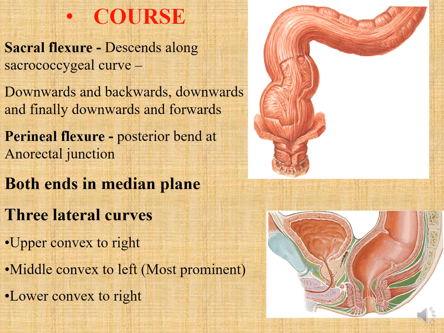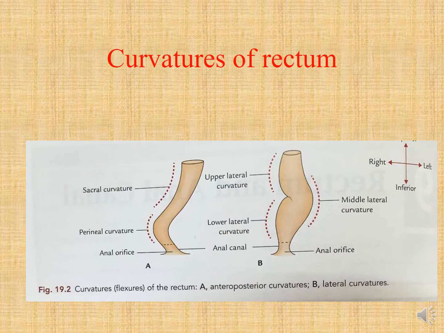Now we come to the relations. So this diagram represents the curvatures of the rectum. Here we can see in diagram A, the anteroposterior curve, the sacral flexure of the rectum, follows the concavity of the sacrum and coccyx, whereas the perineal flexure of the rectum is the backward bend at the anorectal junction, which is maintained by the puborectal sling, which is the fibers of levator ani.